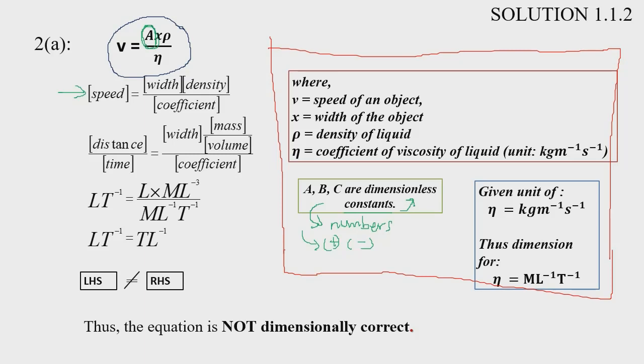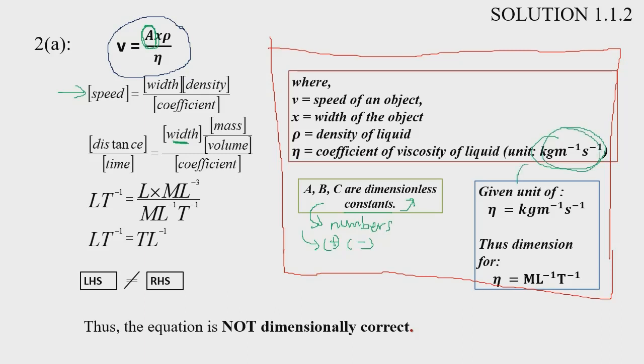What you did here is expanding the physical quantities, so that you can write down the dimension clearly. Speed is distance over time, width is width, which is in the most basic form. Density is mass over volume, and then for the coefficient here, you don't know the formula for the coefficient, but the unit is given in the question.